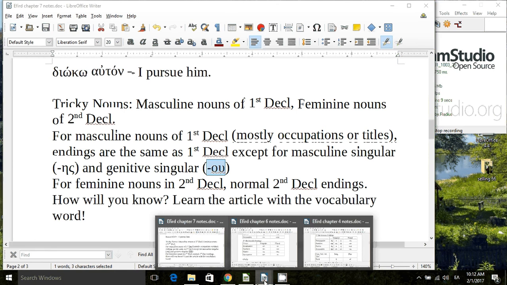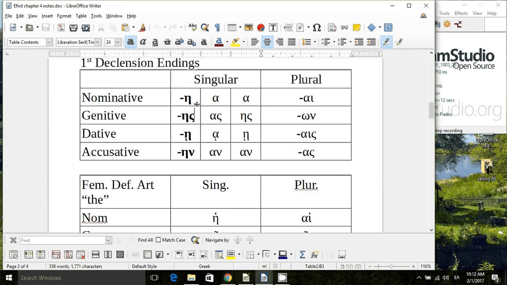So again, as a reminder, here are the normal first declension endings when the noun is feminine, which almost all of them are. But now we've got some masculine endings, and so here I'll just pop these into parentheses.